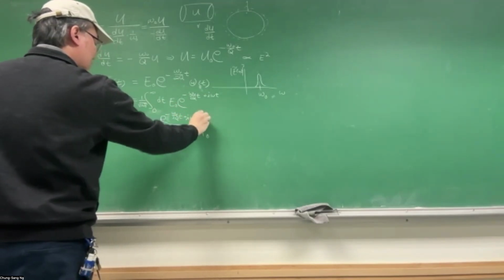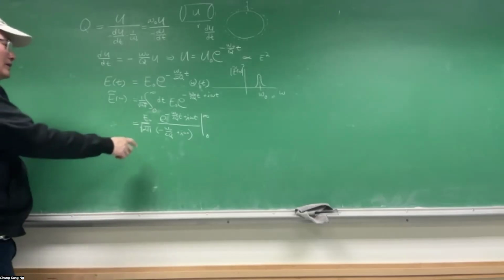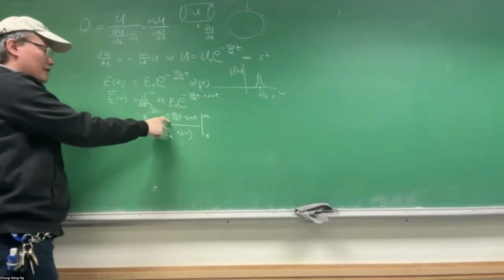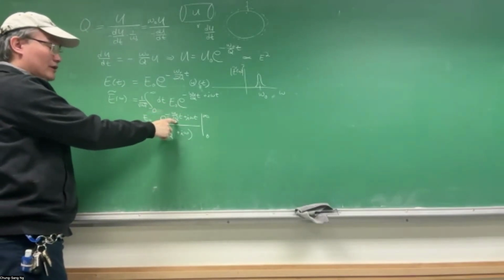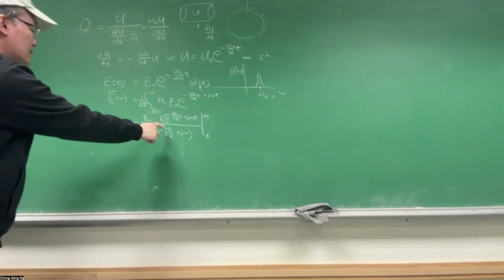Evaluate at 0 and infinity, right? And at infinity, obviously this is 0 because of this factor, assuming omega sub 0 and Q are real. So at infinity, with the negative sign, this is 0.